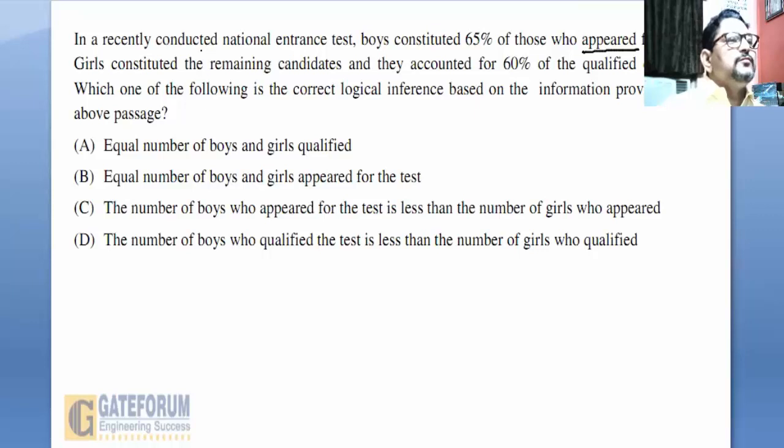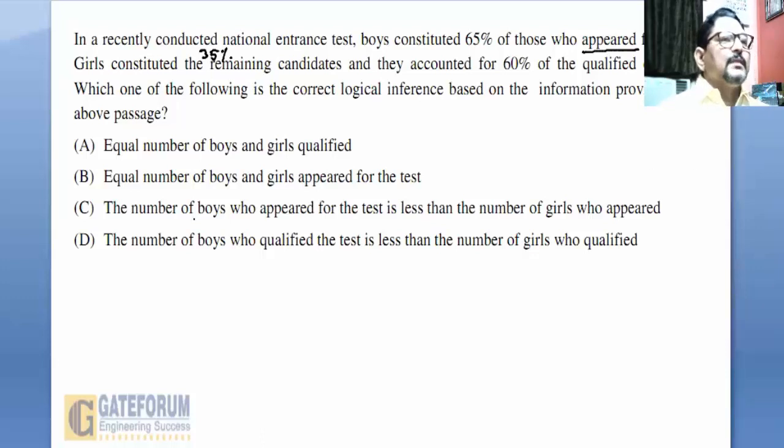So girls would be 35%, and they accounted for 60% of the qualified candidates, which means those who passed, if it's an exam. So girls 60% passed, which means boys that passed is 40%. 40% boys passed. Or rather, I should have used the word qualified.